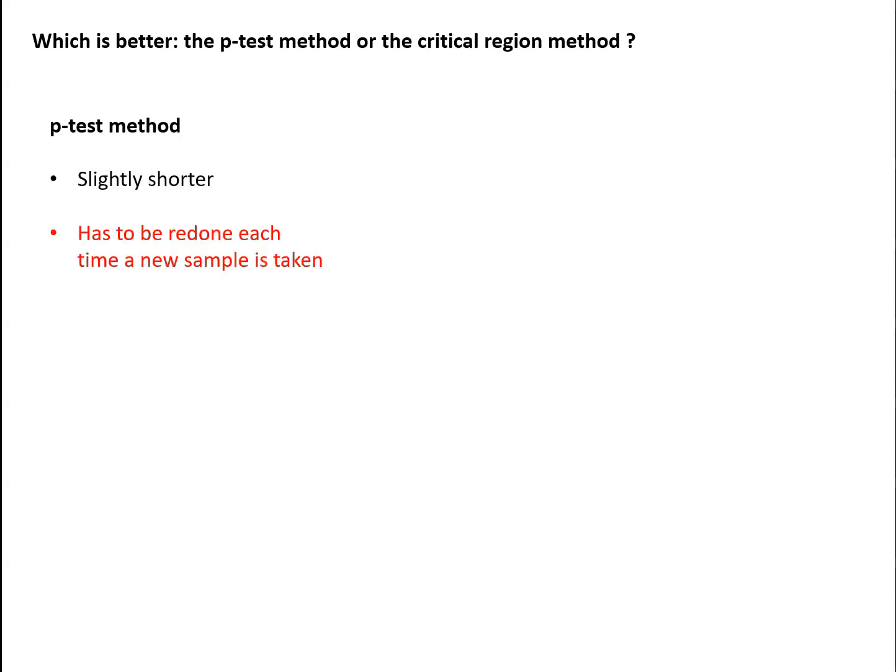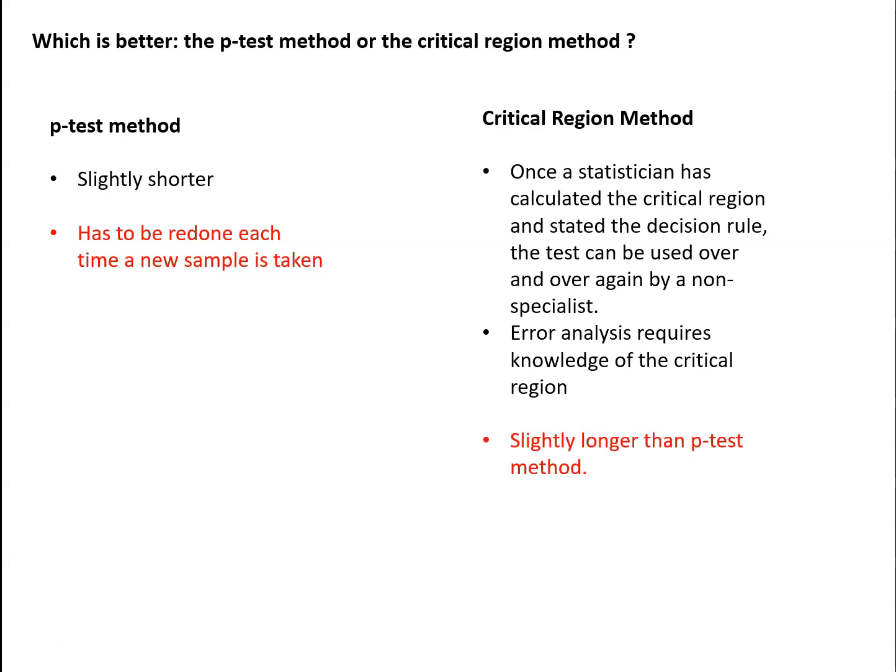Which is better, doing a p-test or a critical region based test? Well, there are advantages and disadvantages in both. The p-test method is slightly shorter, but has to be redone each time a new sample is taken. On the other hand, with the critical region method, once you know what the critical region is for a test and have stated the decision rule clearly, a test can be used over and over again by somebody who doesn't understand the technicalities of a significance test.